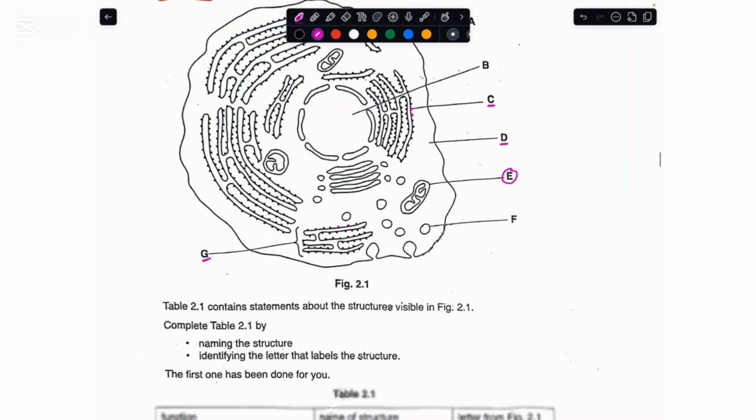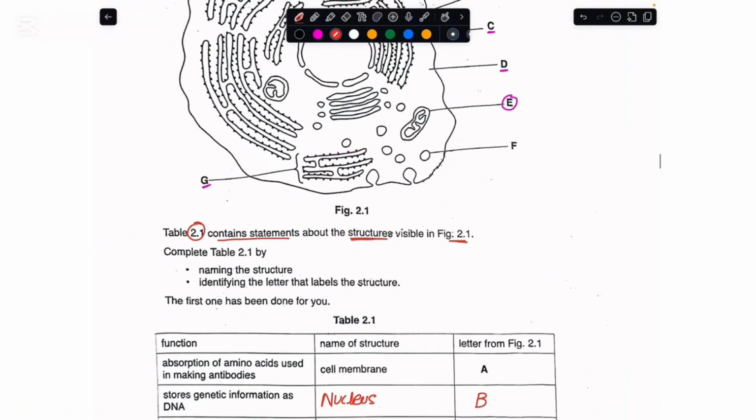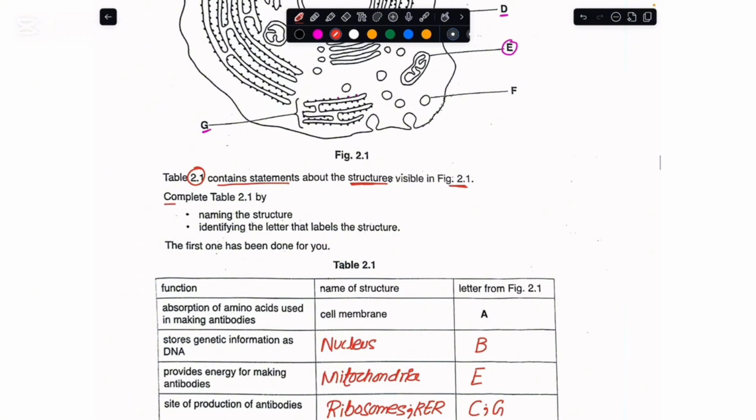Now, let us see what the examiner has to ask from here. They say that this table 2.1, which they have given below, contains the statements about the structures that are visible in this figure 2.1. They ask you to complete the table 2.1 by naming the structures, and you are also required to identify the letters that correspond to the structures which they have given.